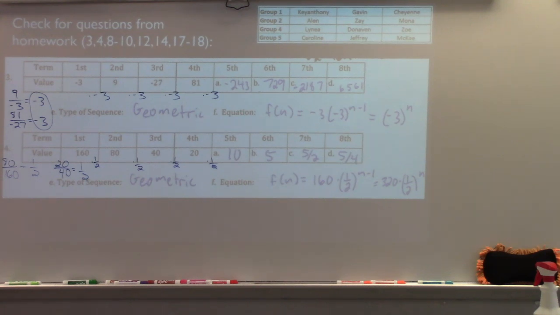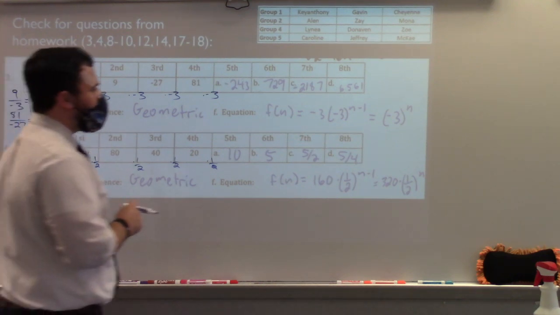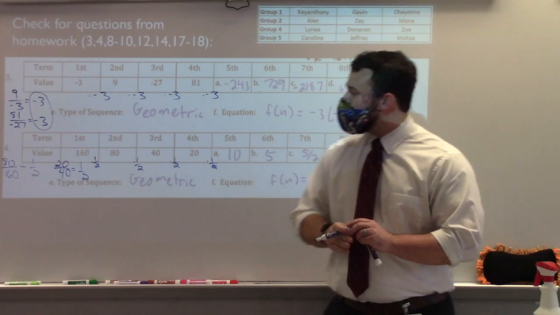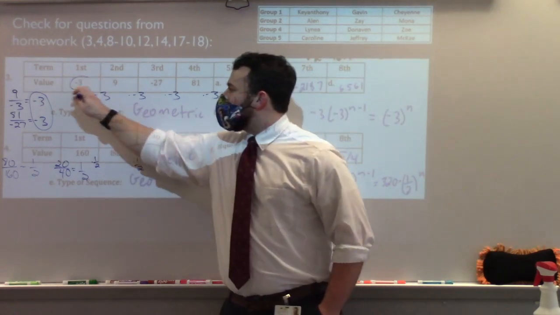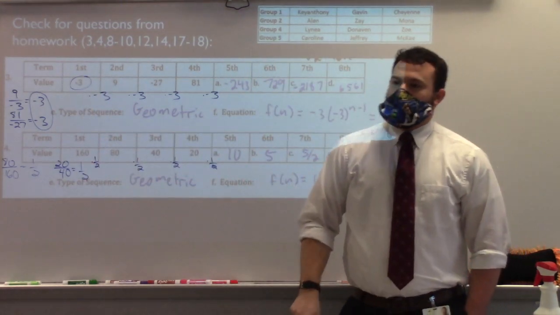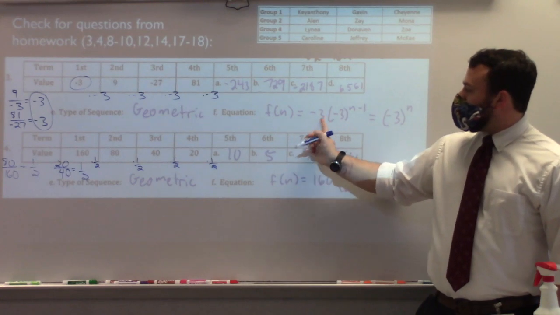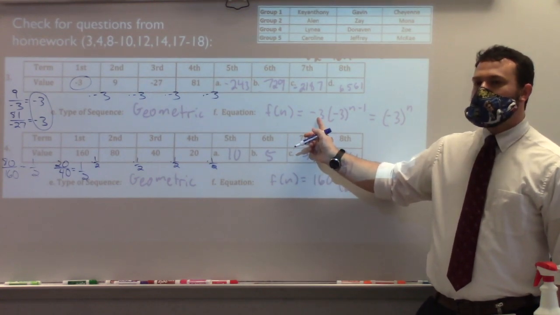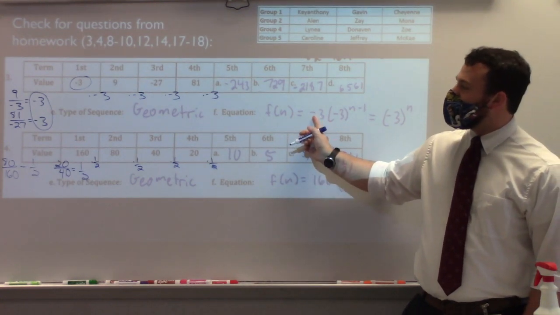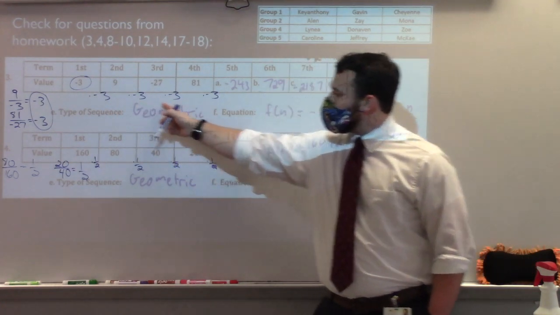And then writing these equations is essential to understanding how to get those in-betweeners that we were looking at with 2.4. Because I want you to notice, what output did I start with? -3. So look at my equation. Where did I start? -3. What was I repeatedly doing to that -3? Multiplying by -3.